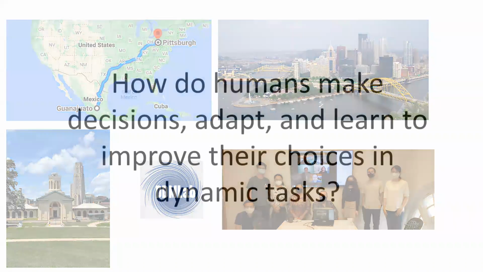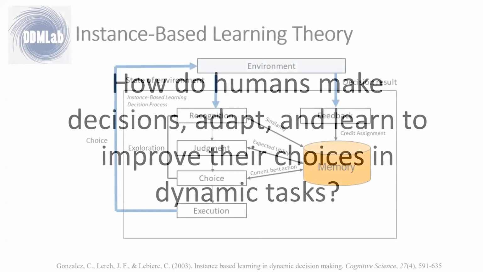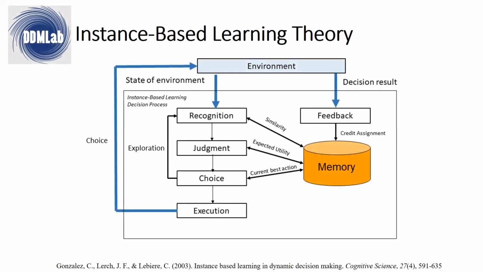Now, in this laboratory, we study how humans make decisions in dynamic tasks, how we adapt and learn and improve our choices in these dynamic tasks. And through the years, we have developed a theory that we call instance-based learning theory.